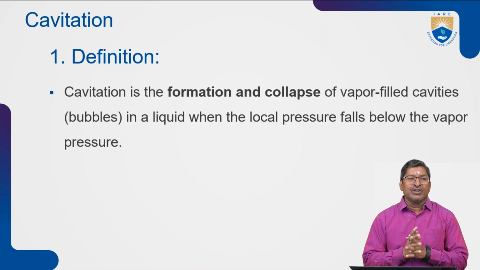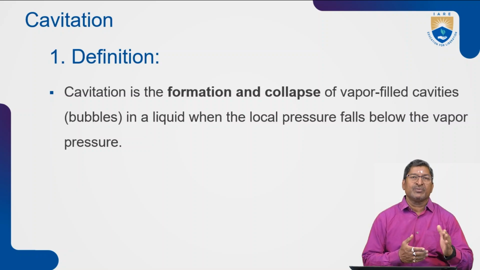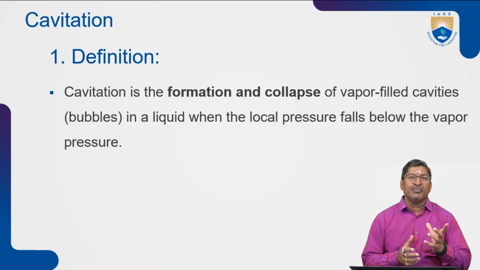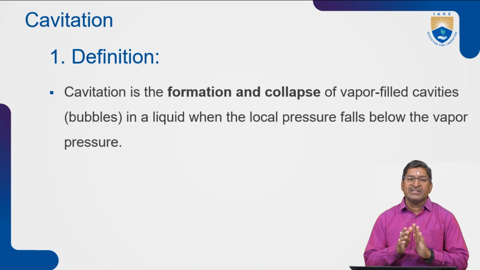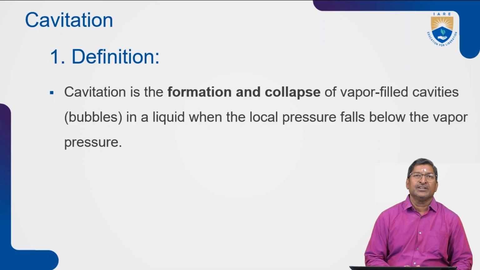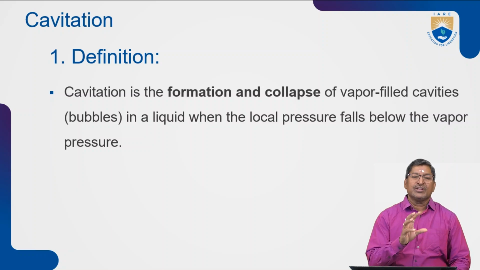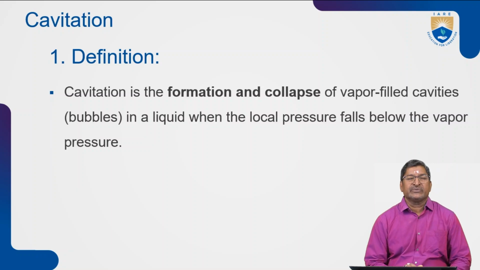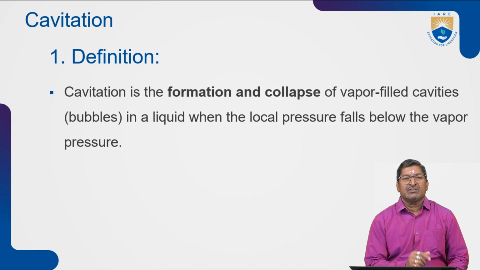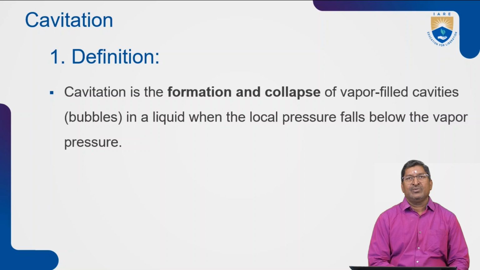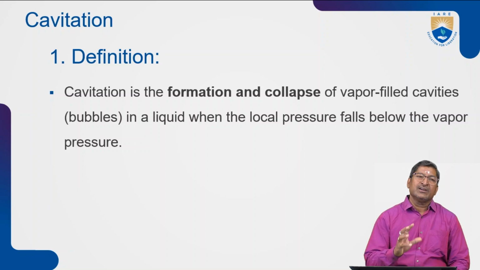Normally whenever a turbine is there, a submarine is there, a pump is there, there is no difference of temperature. The temperature is the same, but even though the temperature is the same, the water will be converted into gaseous form, which is called cavitation. Why is this liquid converted into gaseous form without raising the temperature?